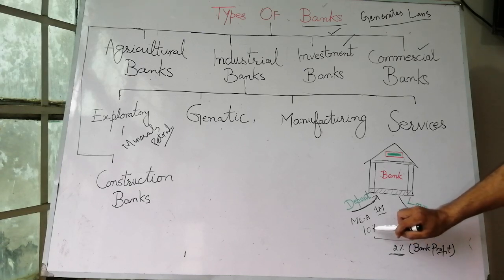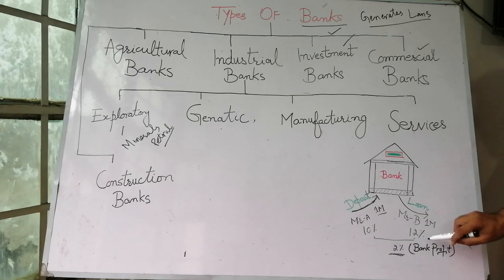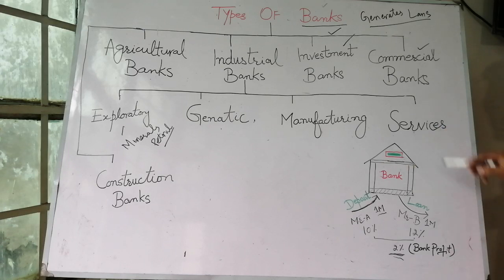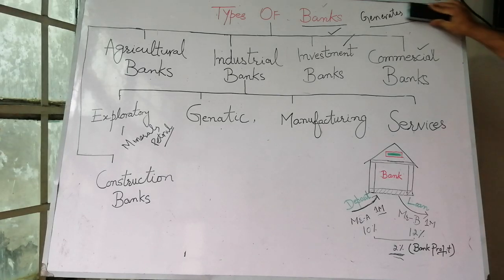So it offers 10% to Mr. A and takes 12% from Mr. B. The difference of 2% is the profit of the bank. So this is how it generates loans. This is the definition of the bank, and the working style of the bank, which we have discussed through this example.